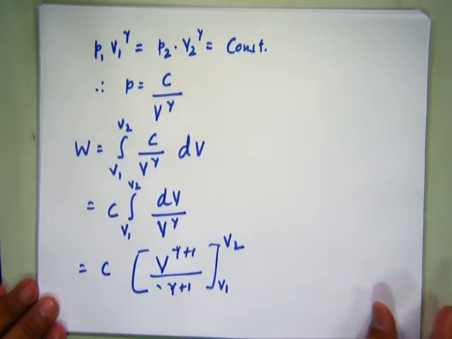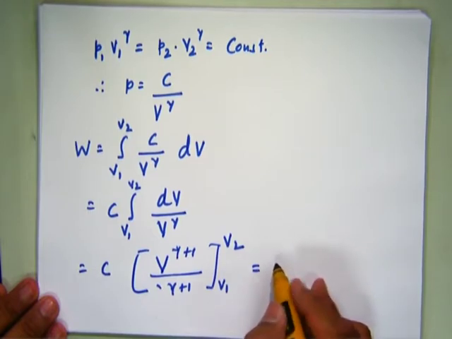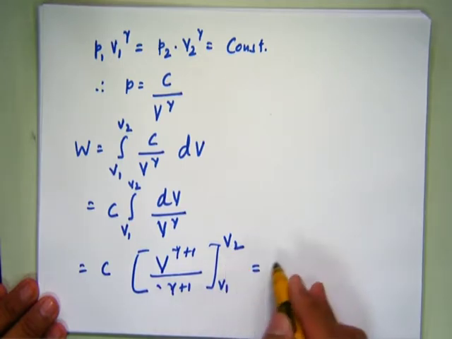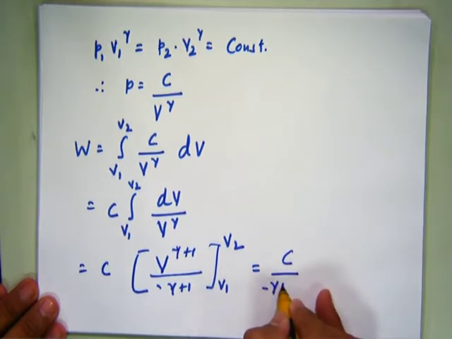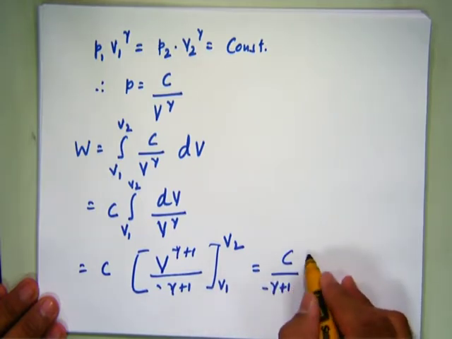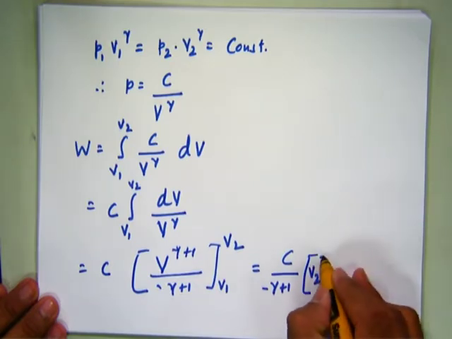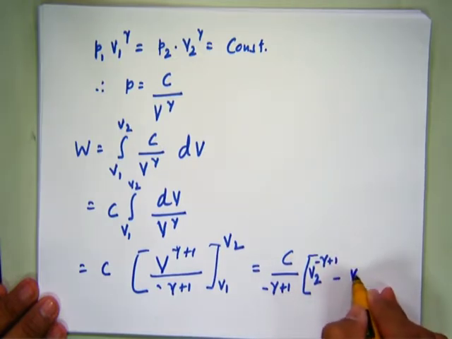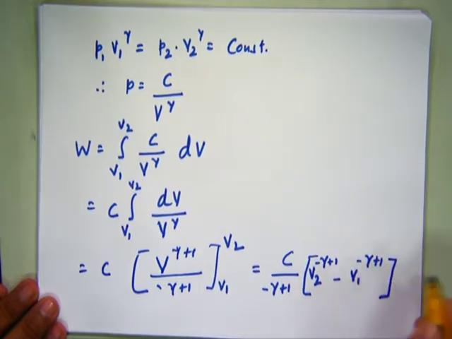So putting this value in place of V, first we put V2 and then next time we put V1, you will get C upon minus gamma plus 1 common. Inside it is V2 raised to minus gamma plus 1 minus V1 raised to minus gamma plus 1.